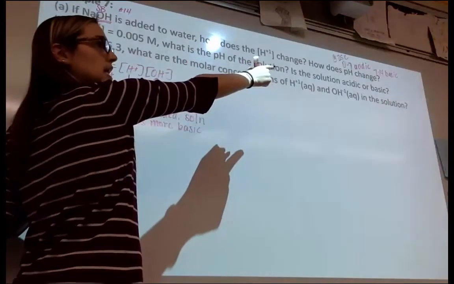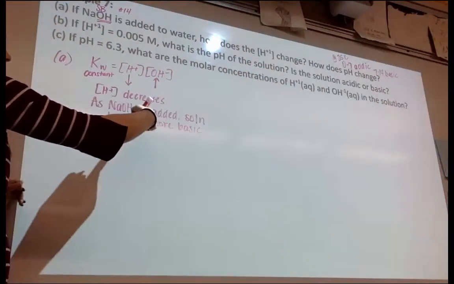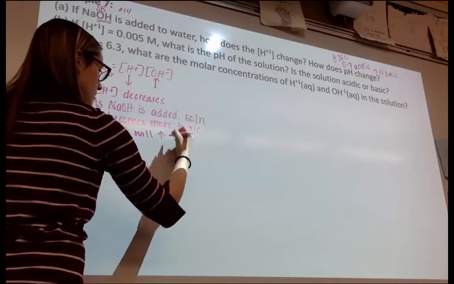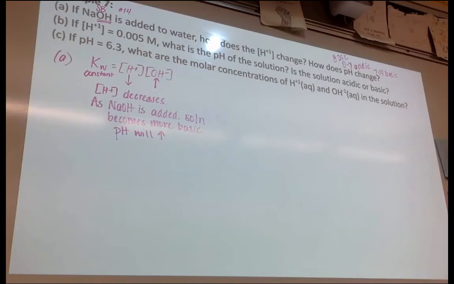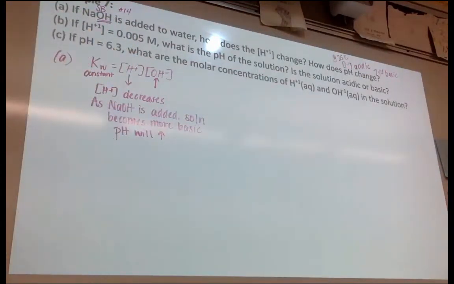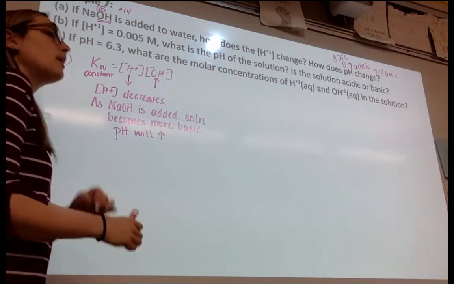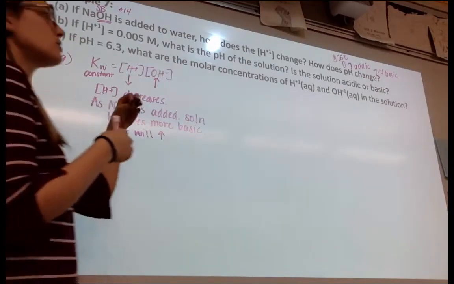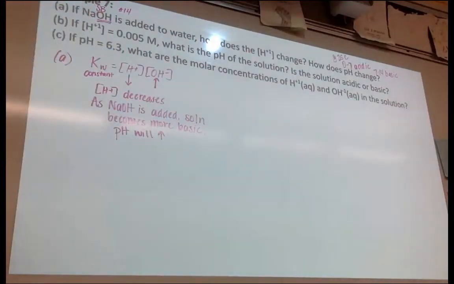Based on the pH scale, if it's becoming more basic, the pH will increase. Only use pH to determine if something is acidic or basic. Only pH. Now you can compare H plus and OH minus if you have those values like we have been, but if you're given values of pH or pOH, only use pH.